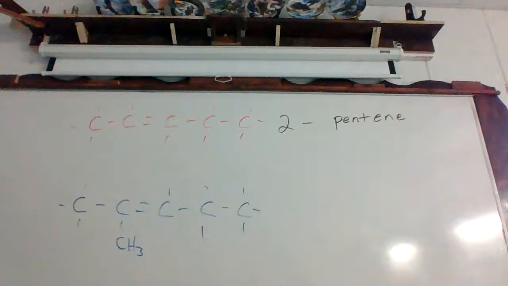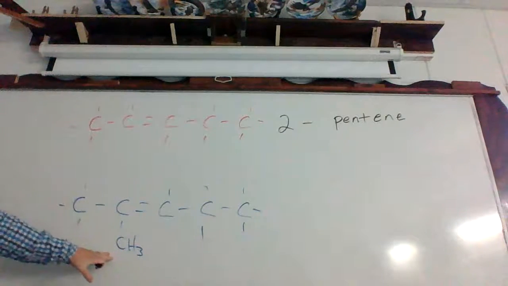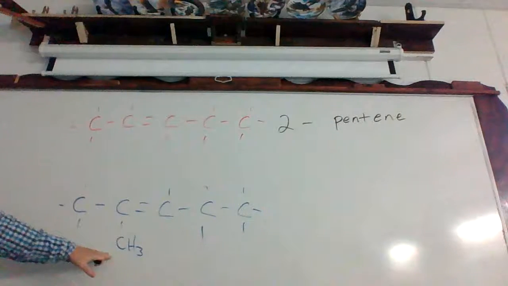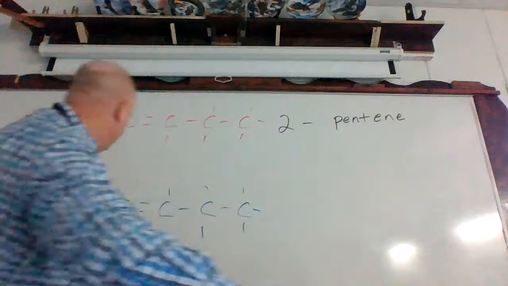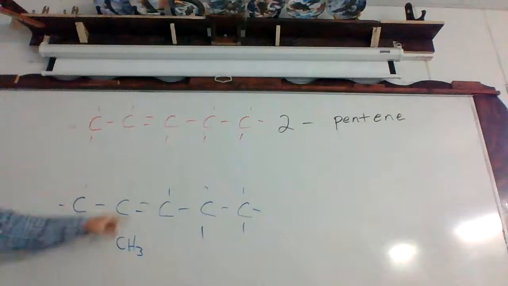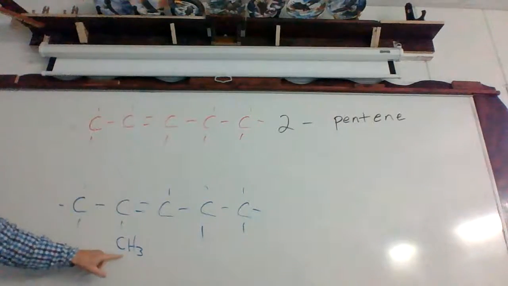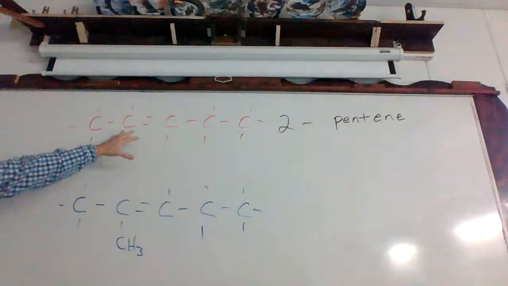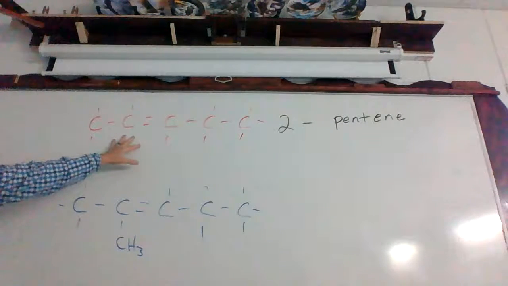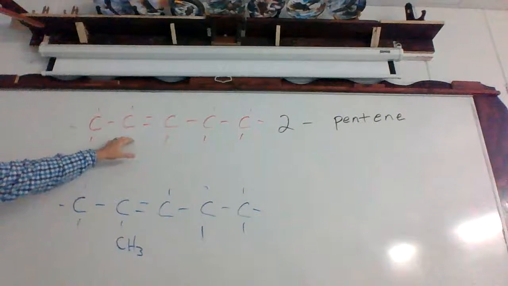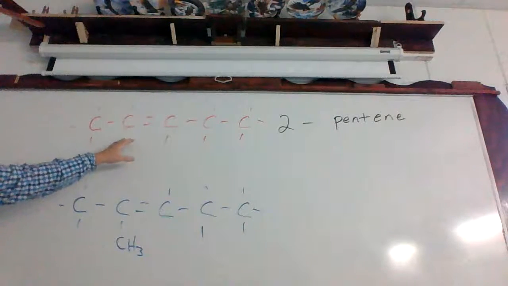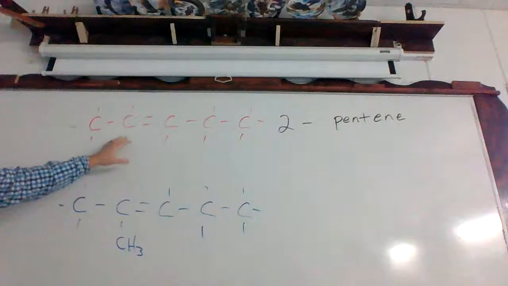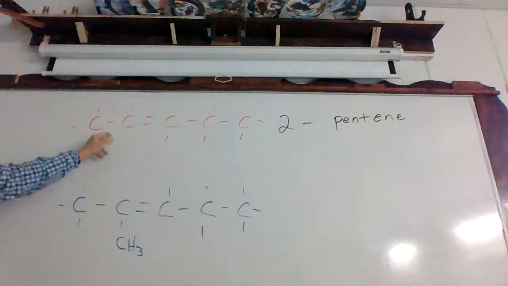That's different than what we see down here. Is this an asymmetrical alkene or symmetrical? It's symmetrical because it's not after the first carbon.